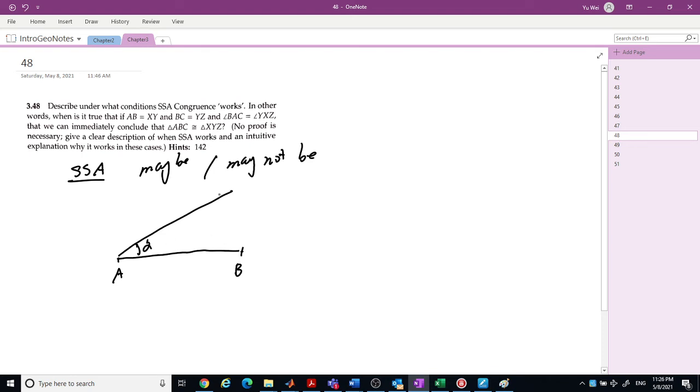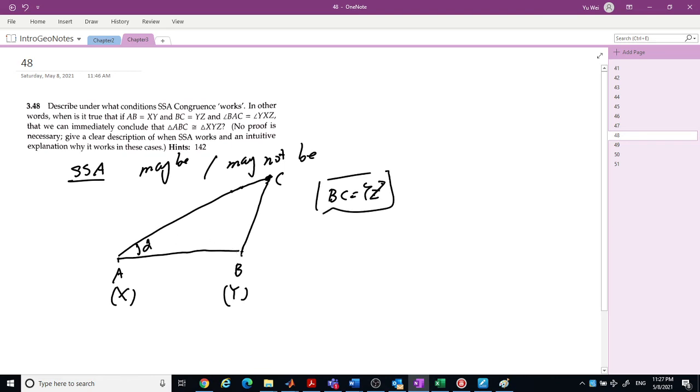AC is congruent, and this is also X and Y. So we can have BC equal YZ, and they keep this angle the same.